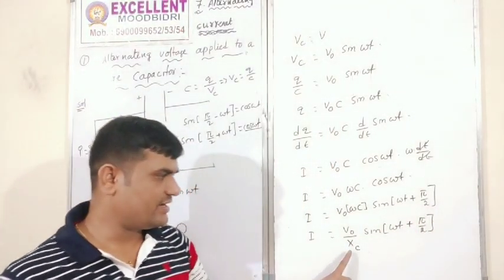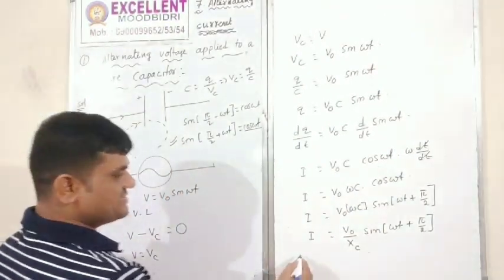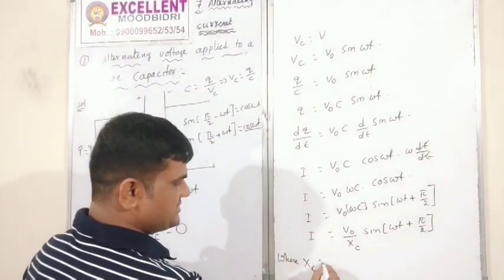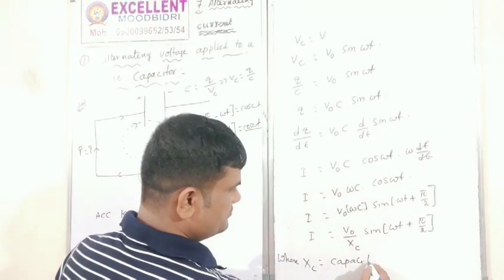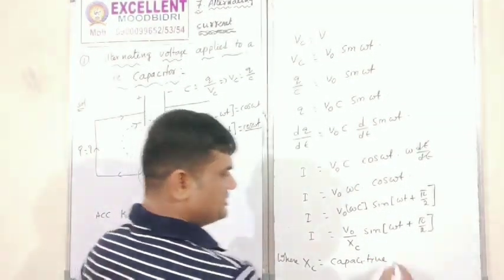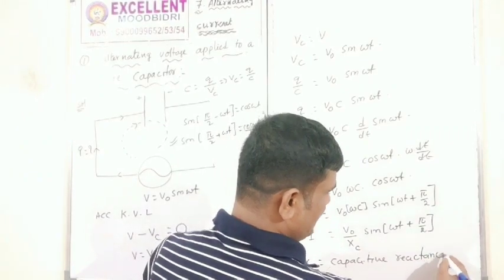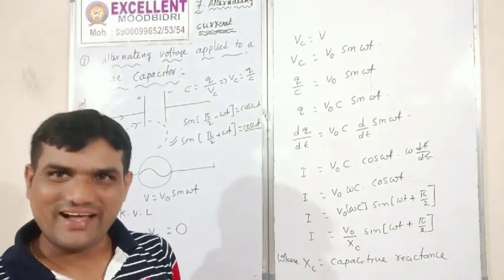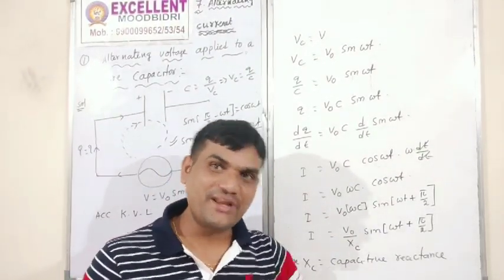Where XC is equal to capacitive reactance. XL is inductive reactance, XC is capacitive reactance.